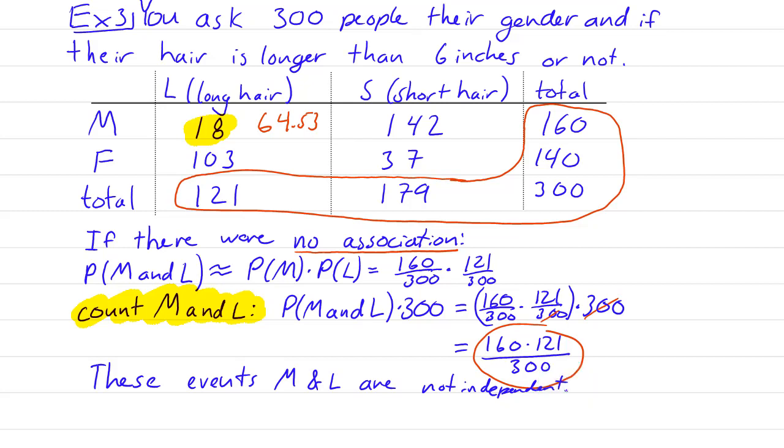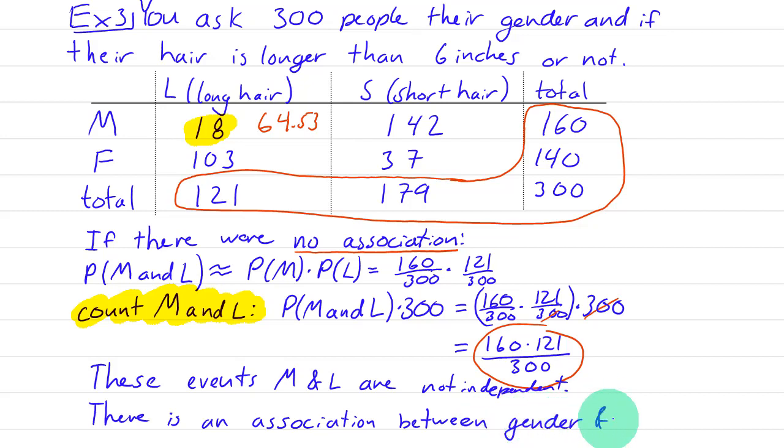What I'm also trying to go over here is that this means the same thing as saying there is an association or a correlation between the variables gender and hair length.